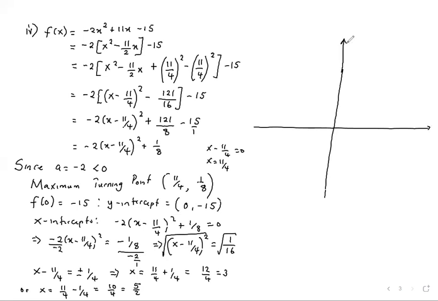So the intercepts are 3, 0 and 5/2, 0. These are the x-intercepts. Then the y-intercept is -15. Okay, let's go with turning point. The turning point is 11/4, 1/8.